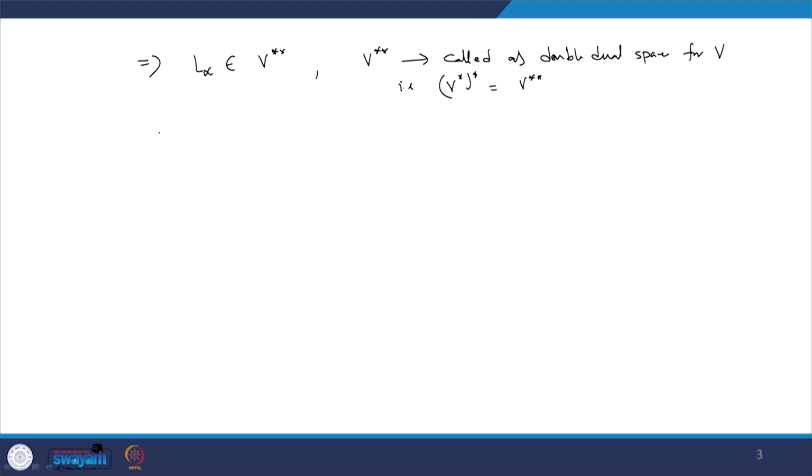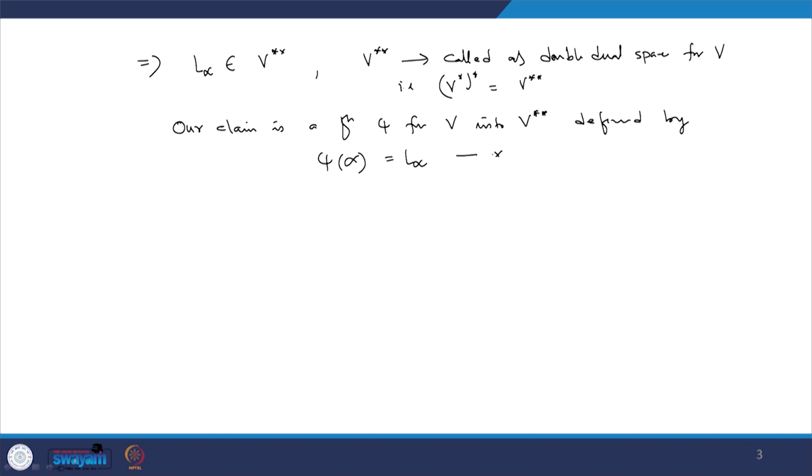Now, my claim is that a function psi from V into V double star defined by psi of alpha equal to L alpha is an isomorphism from V into V double star.